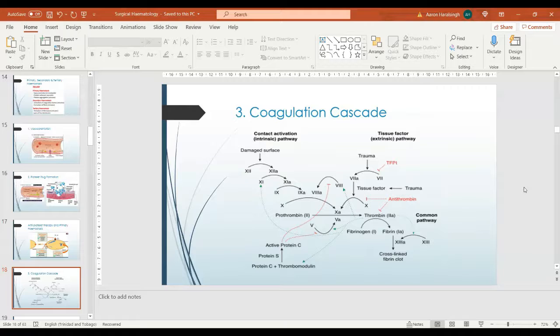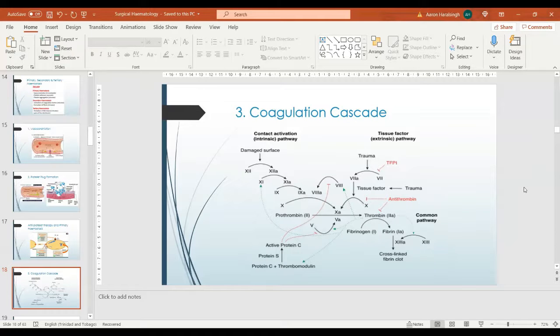On the intrinsic side of the pathway, prekallikrein helps in the production of kallikrein and kininogen, and then that then catalyzes the activation of factor 12.